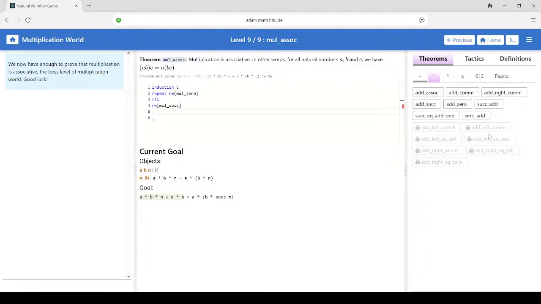What can I do? I can turn these three into this, A times B times N. What if we do... No, what am I looking for?